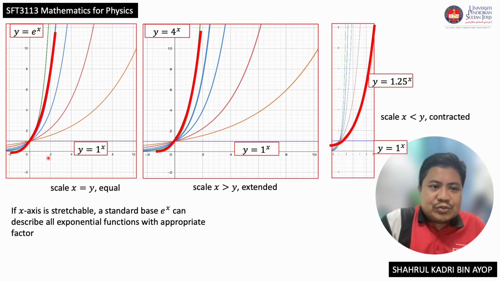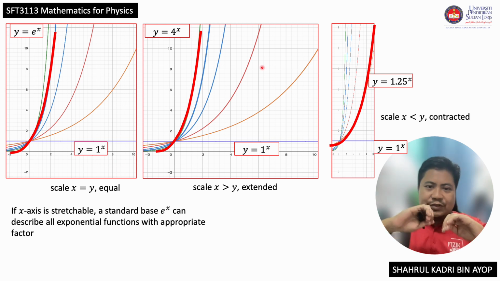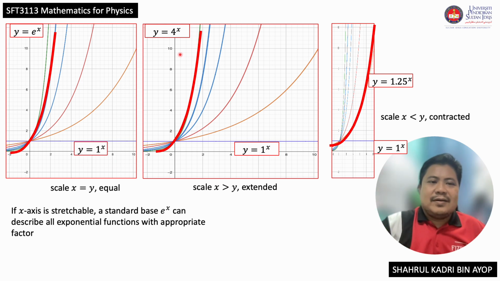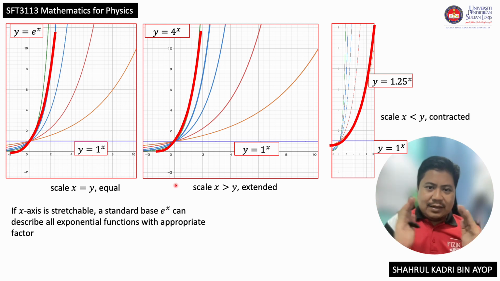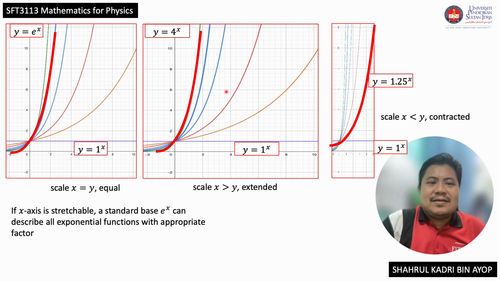If I stretch the x scale, while maintaining the graph, the curve of the exponential will meet 4 to the power x. And if we contract, squeezing the y-axis, this e to the power x will meet here, for example 1.25.